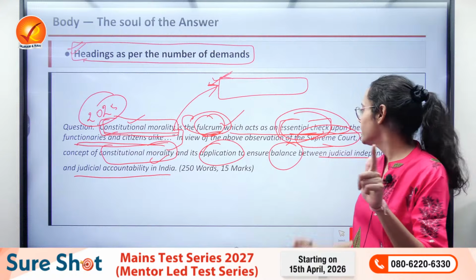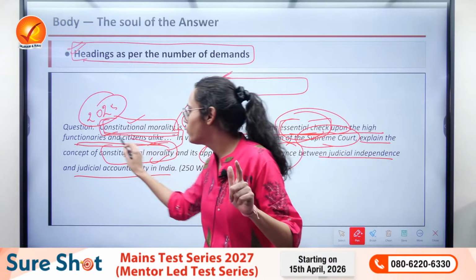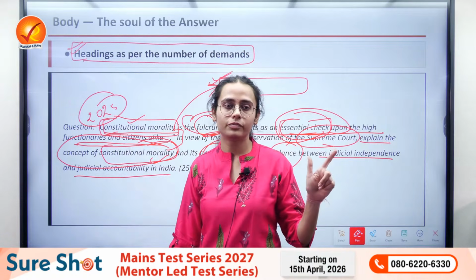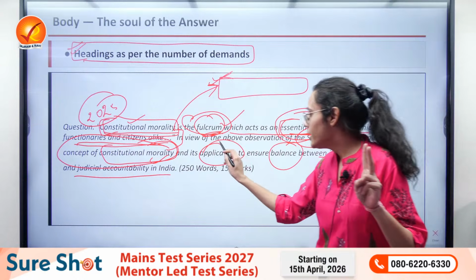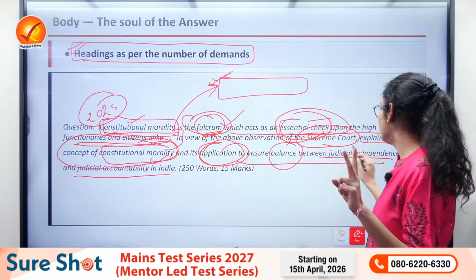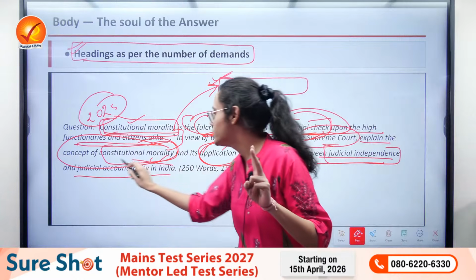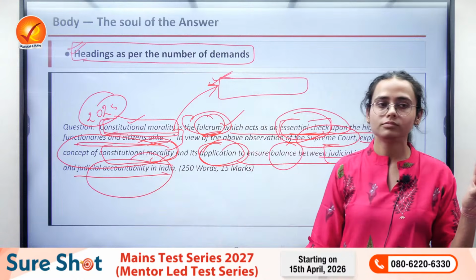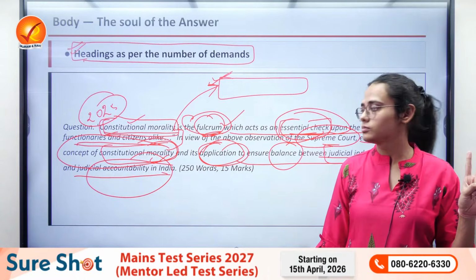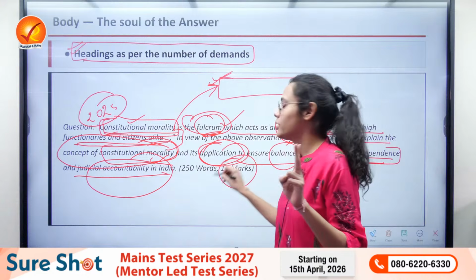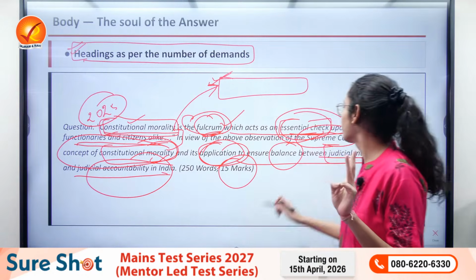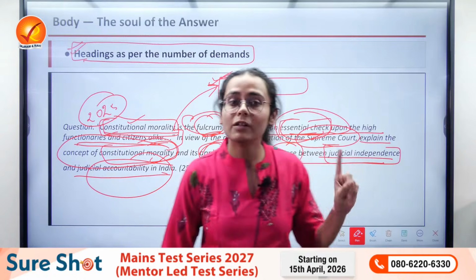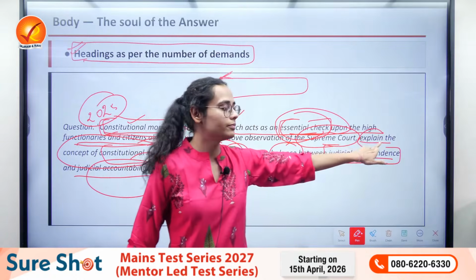The second heading is explain the concept of constitutional morality, and its application to balance judicial independence and judicial accountability in India. And since it's a 15 marker, there will be another heading, because the key tail word here is explain.